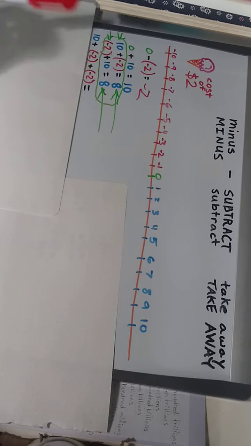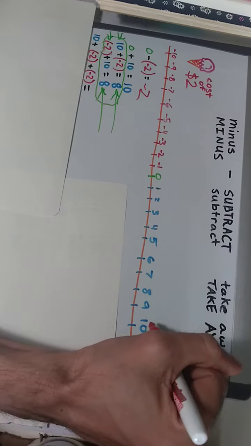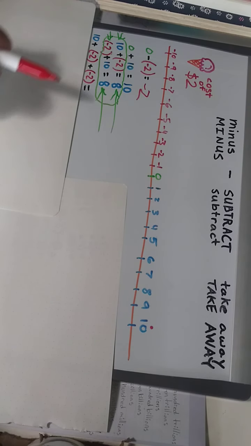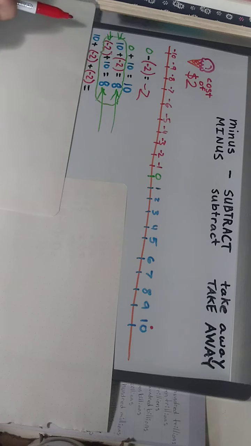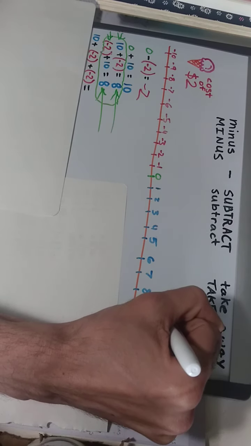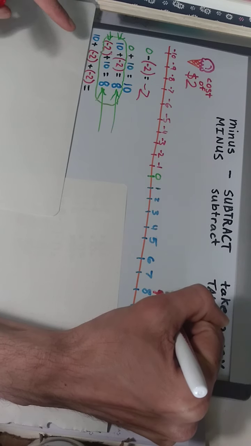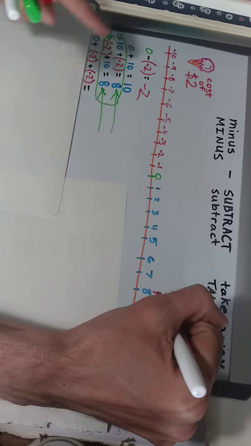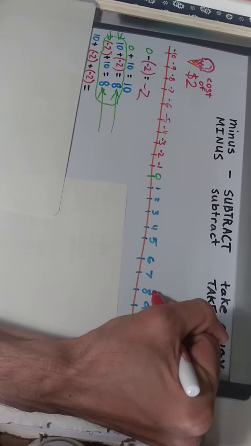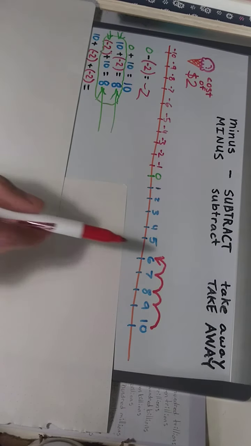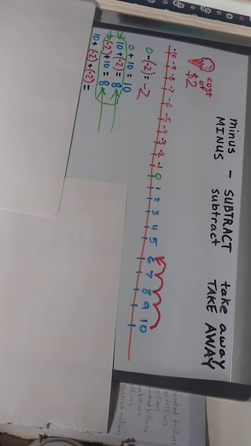So we have $10, we start at positive 10, and then we add the cost of 1 ice cream, so we add negative 2, 1, 2, and we're going to add another negative 2 because we want 2 ice creams, so we continue 2 more, 1, 2, and then we're left with positive 6.